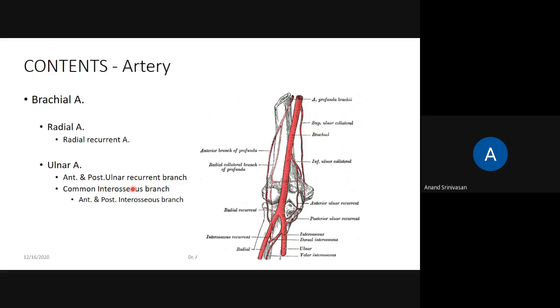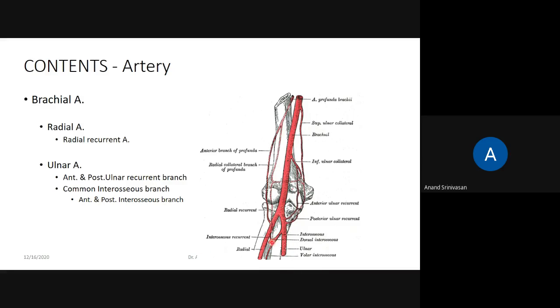Inter, between; osseous, bone. You know there are two bones in the forearm, radius and ulna. These two bones are joined by the interosseous ligament, a membrane which joins the two, the interosseous membrane.